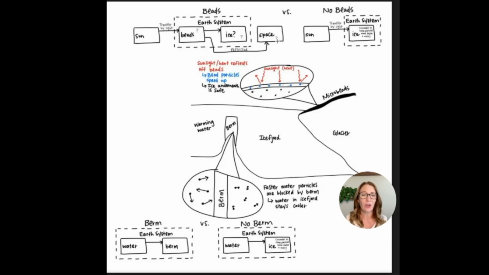Maybe we're not quite sure, so we add a question mark. Maybe we're not quite sure how the energy is going from the beads to the ice or taking energy away from the ice. So whenever your students have some type of disagreement or uncertainty, it's great to put a question mark to show them we don't understand this fully and we need to investigate this more.